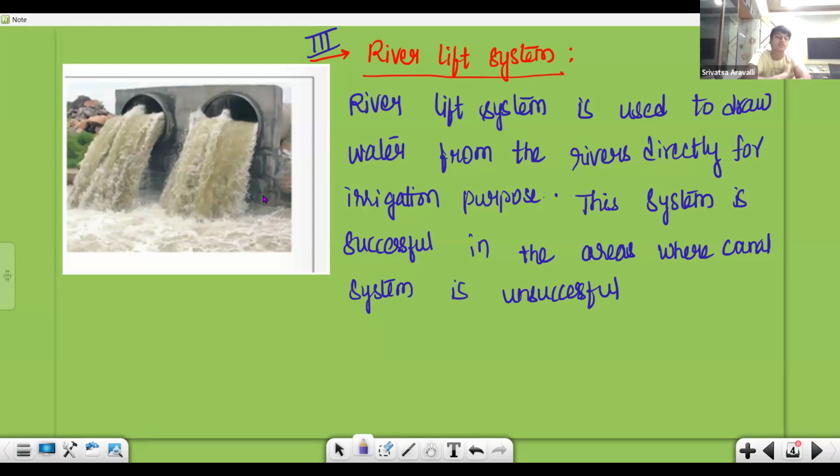So this system is successful in the areas where canal system is unsuccessful, right?